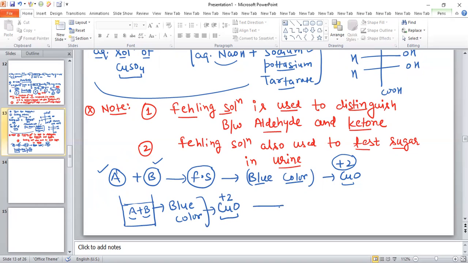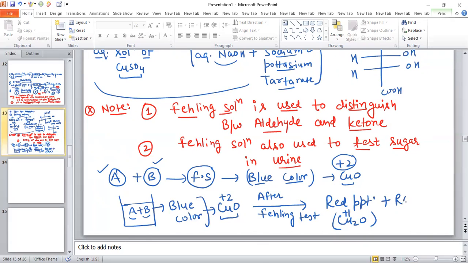But after the Fehling's test, what happens? After the Fehling's test, a red precipitate is obtained. This red precipitate is due to cuprous oxide. It means in this compound copper is in +1 oxidation state, and the aldehyde is oxidized into carboxylic acid.